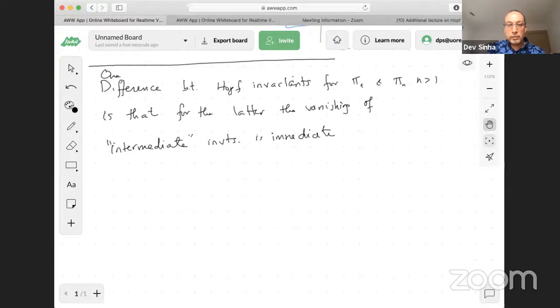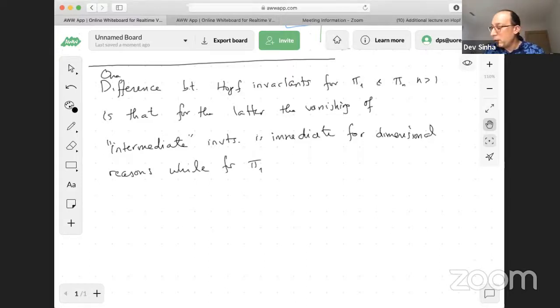Well, for pi 1, there's really a filtration.